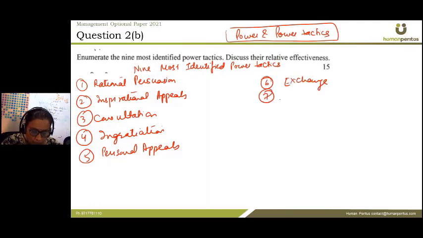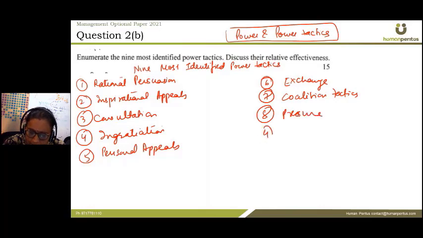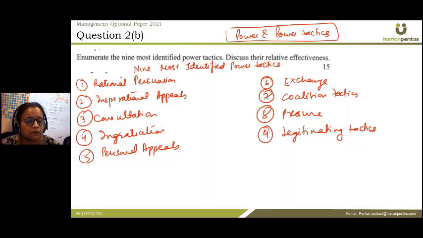And seventh one is coalition tactics. And next is pressure. Last but not the least is legitimating tactics. Okay, fine. So these are the 9 identified power tactics. So you may present them in the form of a diagram along with their keywords, right? So what actually is rational persuasion?